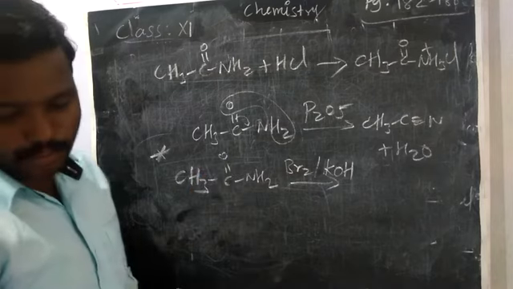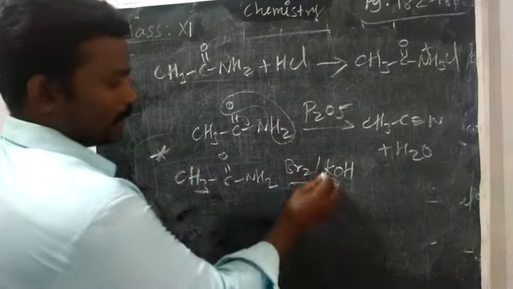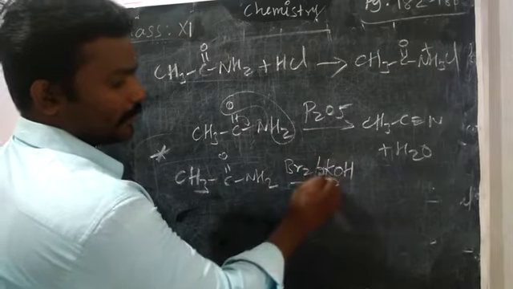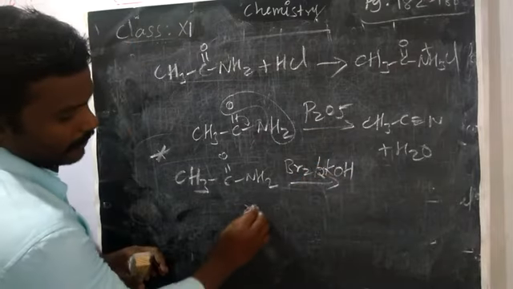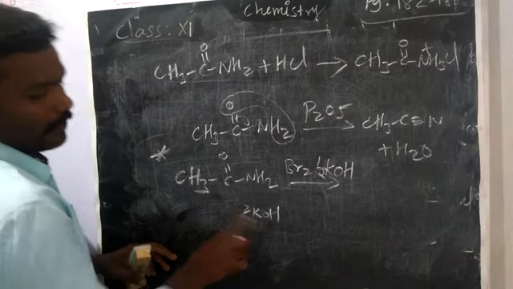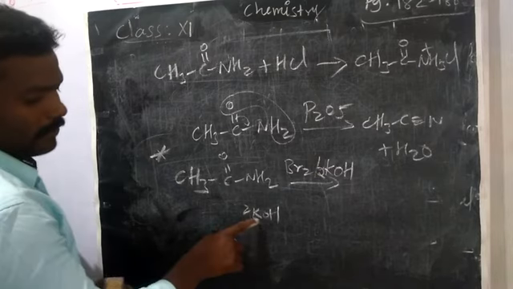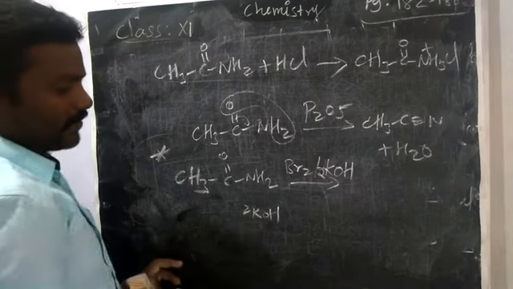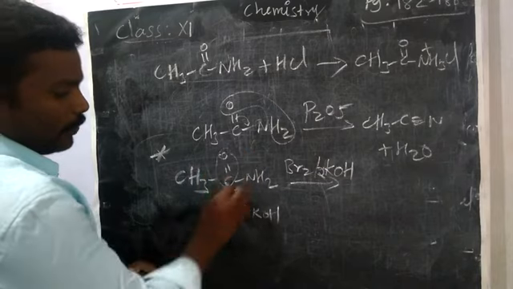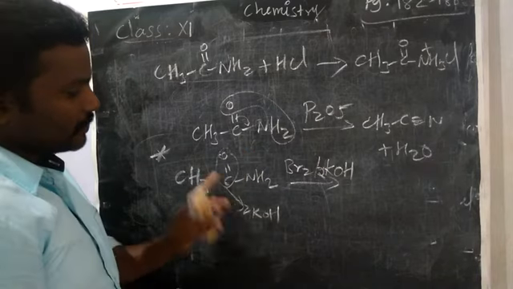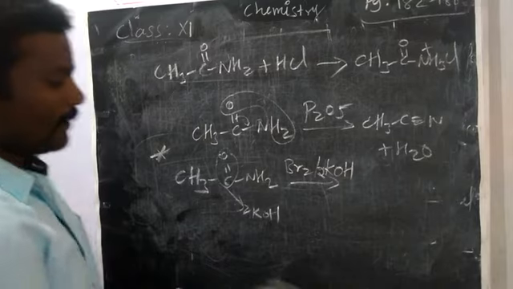How can you remove this CO group? You have to take 2 moles of KOH. I am rewriting here 2 moles of KOH. Now 2 potassium, 2 oxygen we have, and along with this O you add up, K2CO3 potassium carbonate will go.